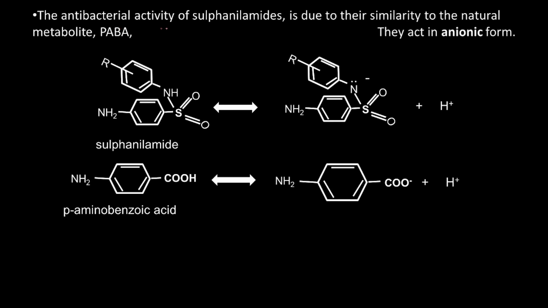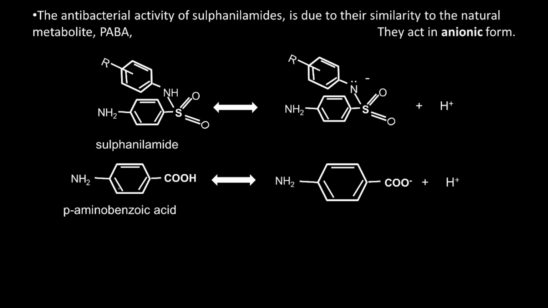If you look at the antibacterial activity of sulfonamides, they have a sulfur group and they form N minus and H plus here. Depending upon the R, you will have either the neutral form or the anion form. But the anion form is the active antibacterial agent, not the neutral form.